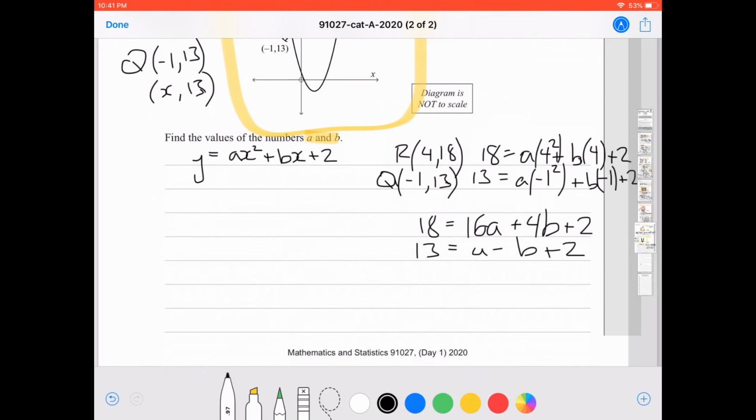Okay, we can also collect like terms, and we can say 16a plus 4b, and bringing 18 over, it'll be 2 minus 18, so minus 16. But is that correct?